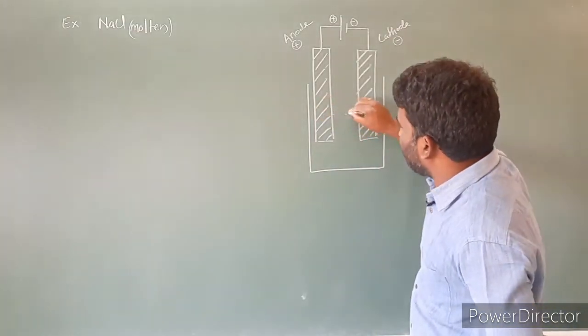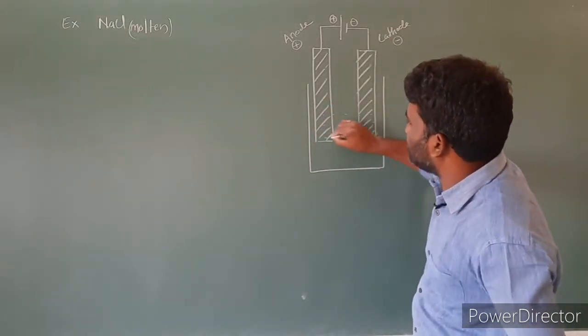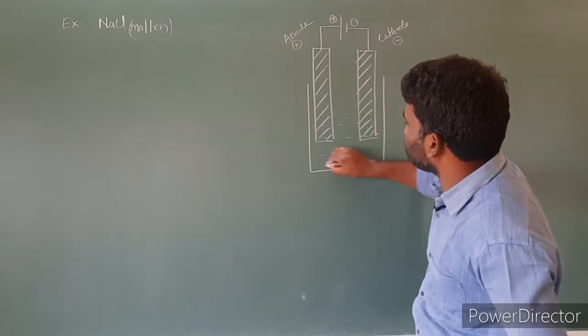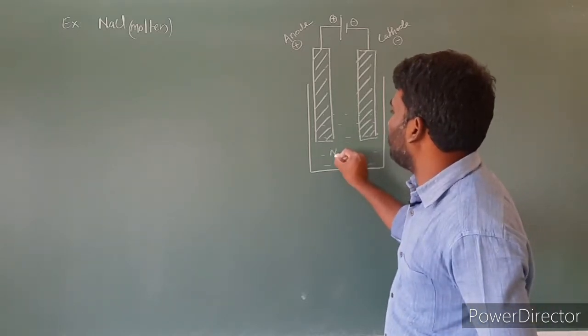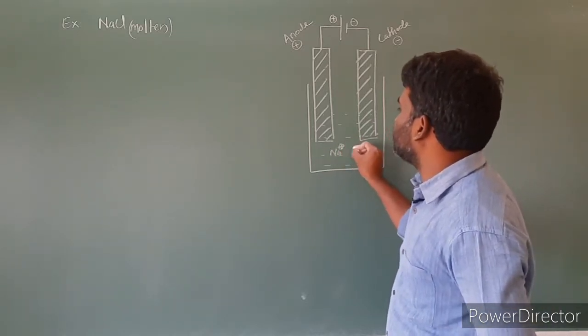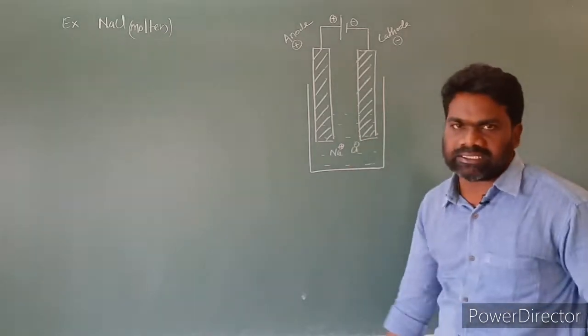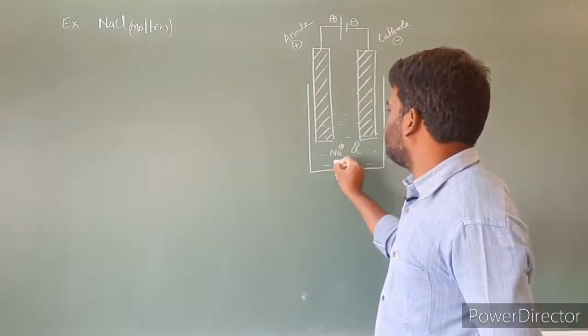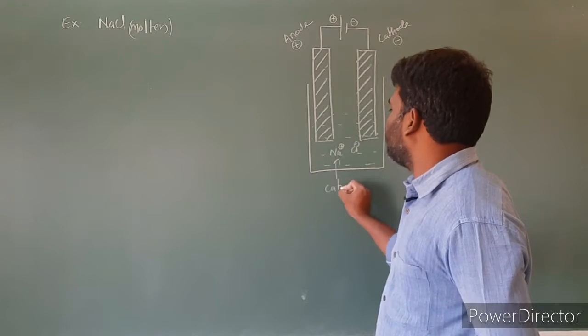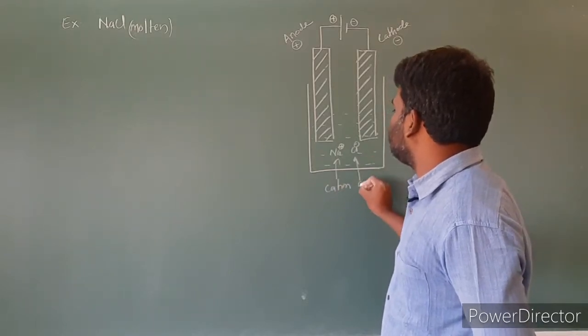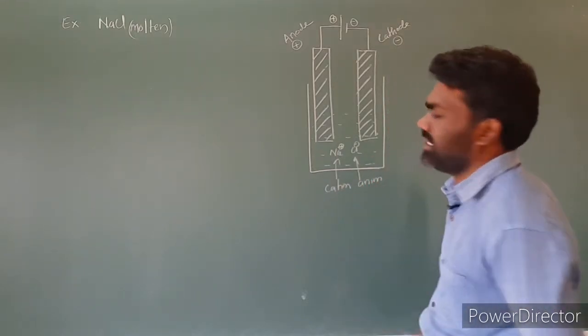So in this cell we take molten NaCl. We will get Na+ ions and Cl- ions. Na+ is the sodium ion, nothing but a cation, and Cl- is the chloride ion, an anion.